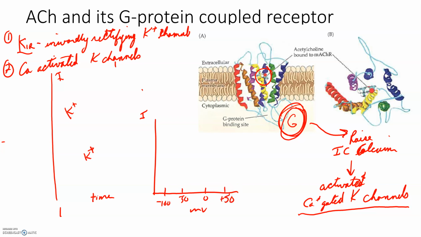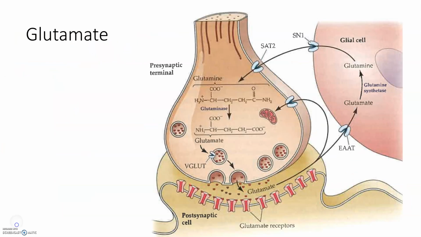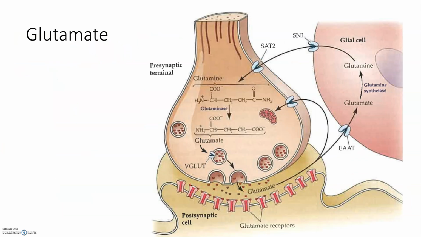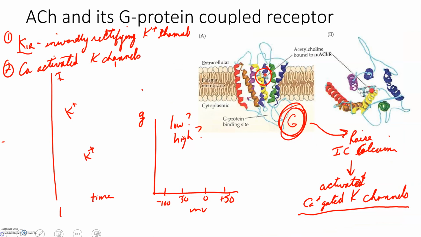What do you think those lines would look like? What do you think that the conductance, did I write current? My mistake. I want the current here, the G. Permeability. How would this look under low calcium? And how would it look when these calcium-activated potassium channels were active? That is, under high calcium conditions. What would those curves look like? Sorry about my left-handedness, that keeps happening.